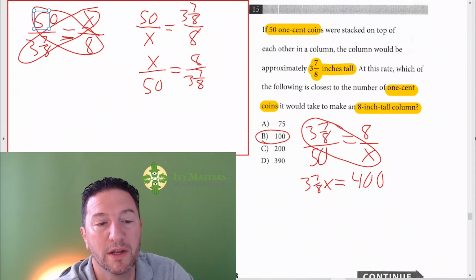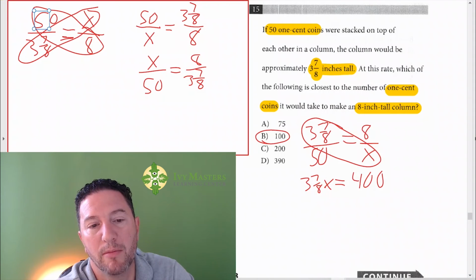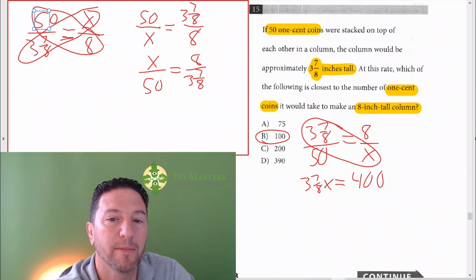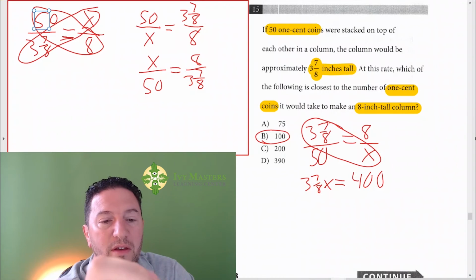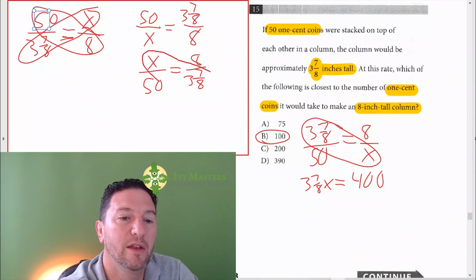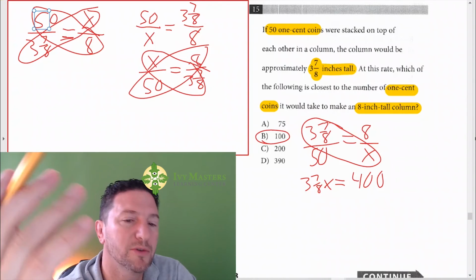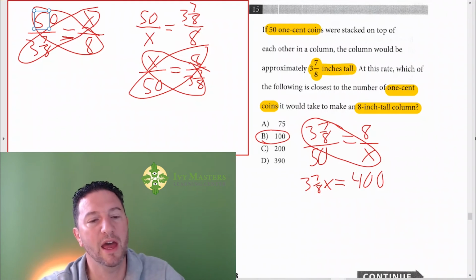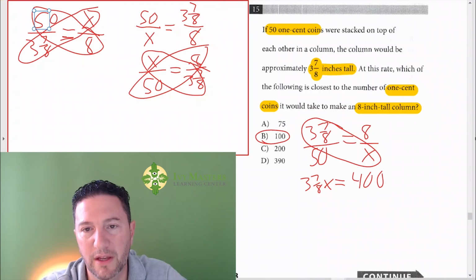They're both the number of coins. The tops have a relationship because my x is how many 1-cent coins are in an 8-inch tall column. My bottoms have a relationship because there are 50 1-cent coins in a 3 7/8 inch column. And if we cross multiply and set equal, notice we get the same thing: 3 7/8 x equals 50 times 8.